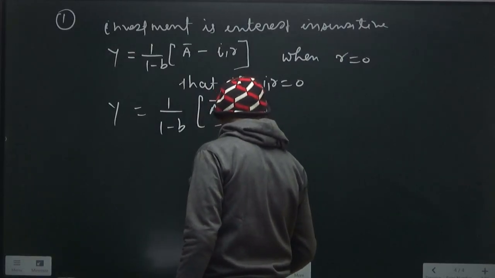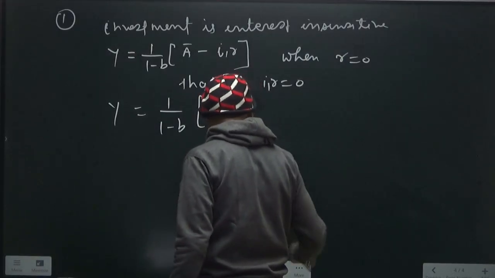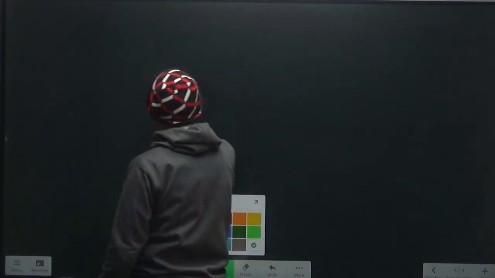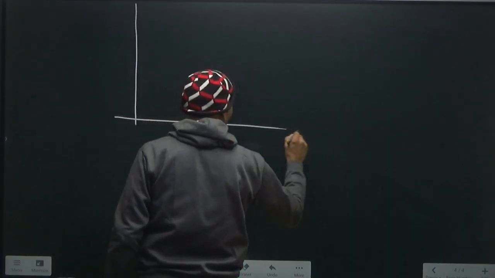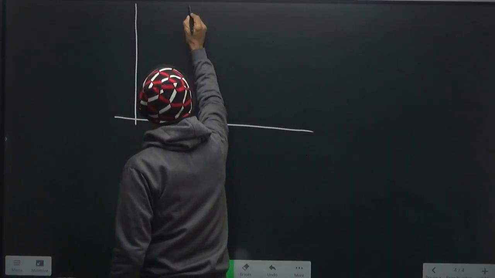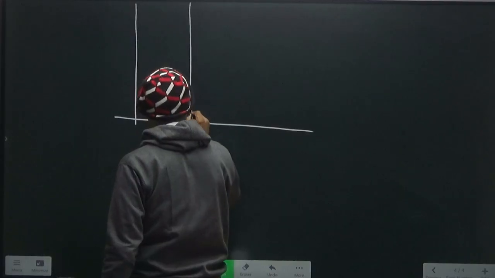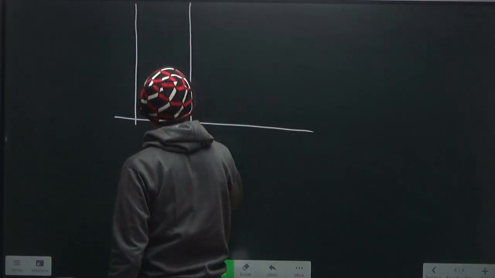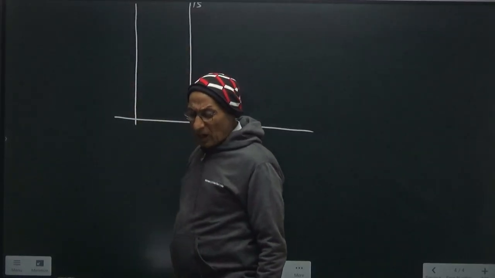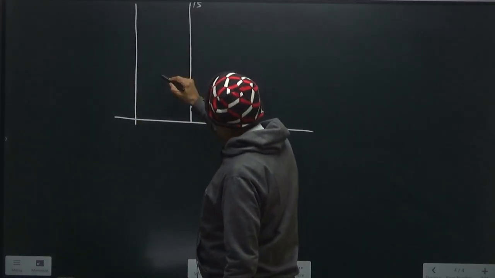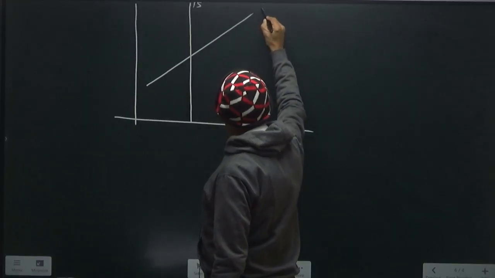And the shape of the IS curve will be like this. This is the IS curve. And this one is the LM curve.